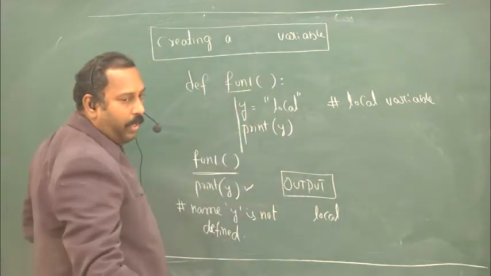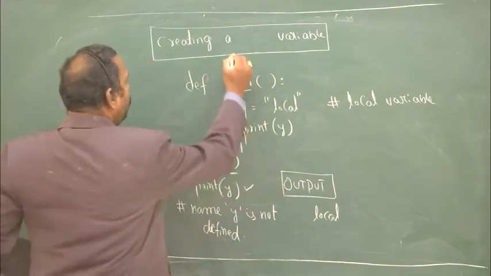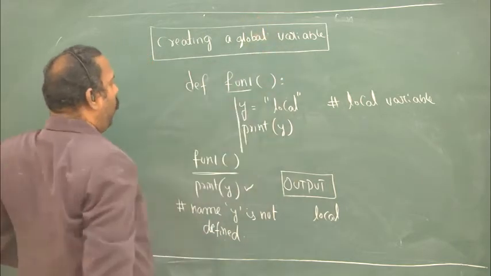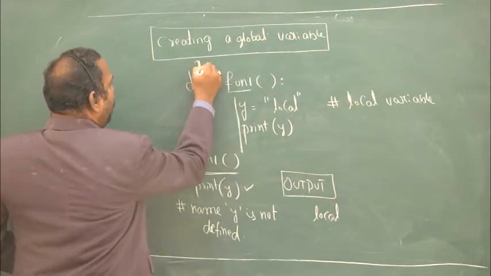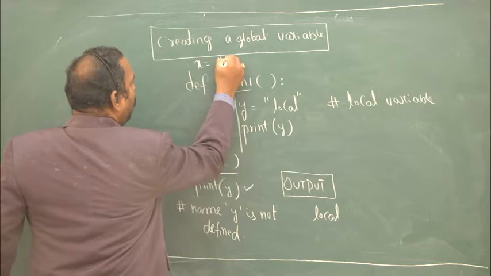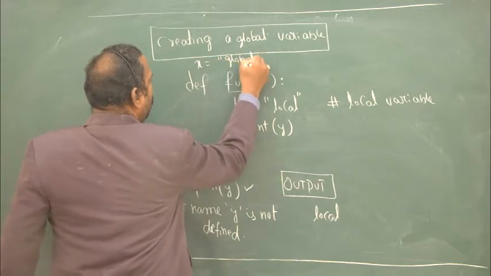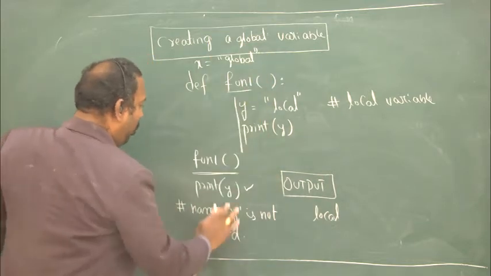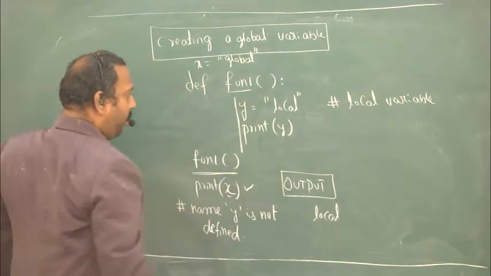Next one is creating a global variable. Suppose I have defined x equal to global. Here I am printing x.